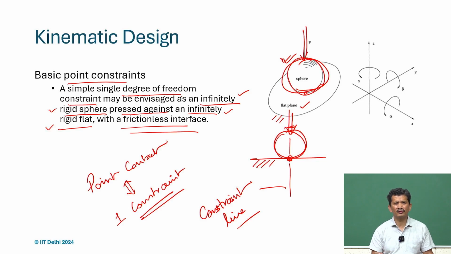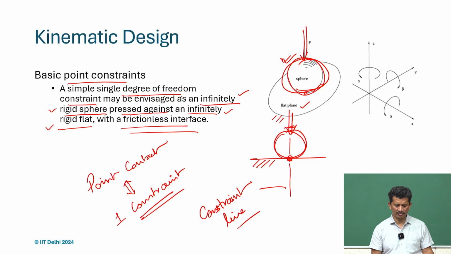These are the ideal conditions. But it is a good way to start, because then we realize that we can achieve certain motions precisely, and we will be able to define the motions correctly, accurately.